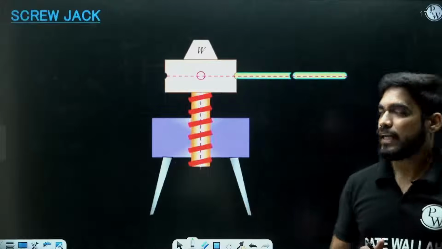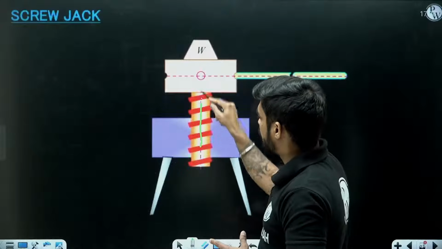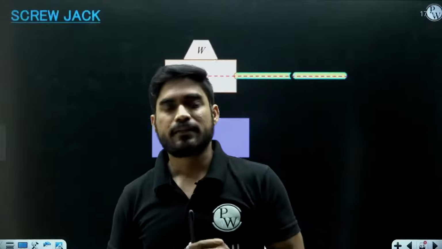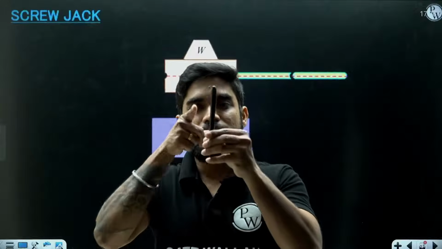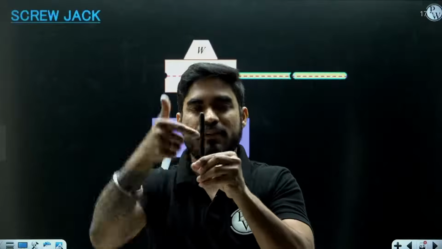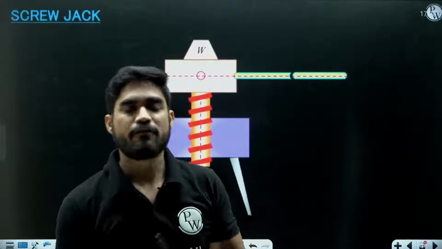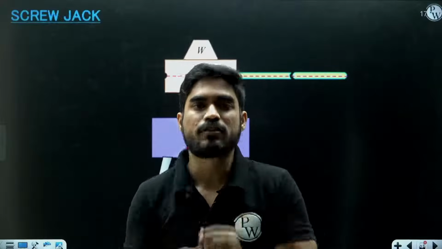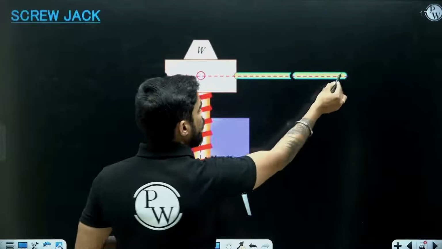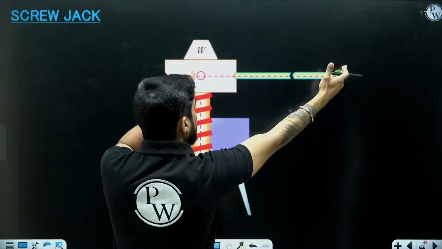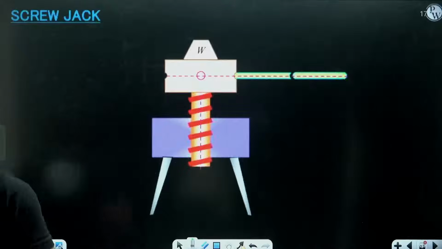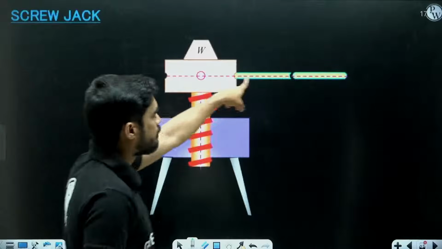See, in order to lift the weight using this screw, we need to rotate the screw. In order to rotate the screw, we need to apply force so that there will be a torque, a moment which will rotate this. But if I apply a force directly on the surface of the screw, the moment that it will create will be very less. But if I apply a force on the lever, then the moment will increase too much because of this distance. So that is why we are going to use a lever like this.